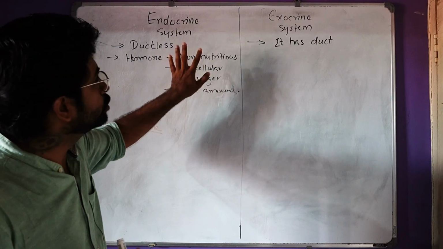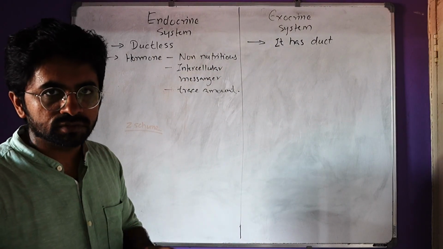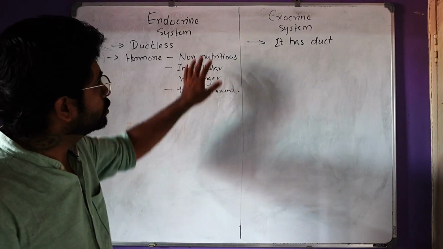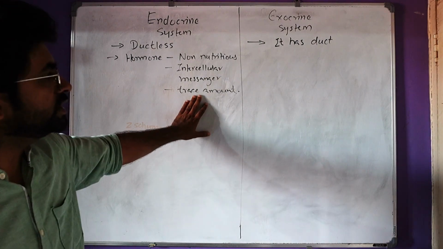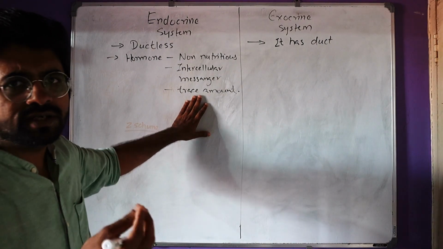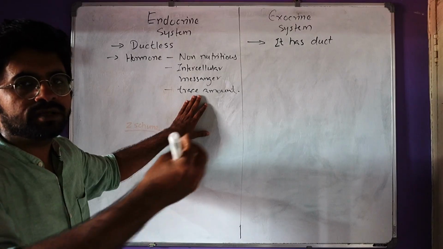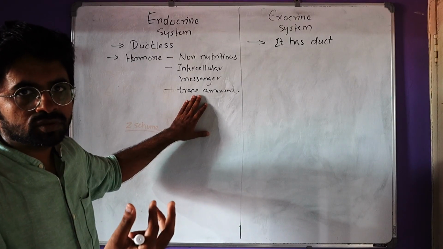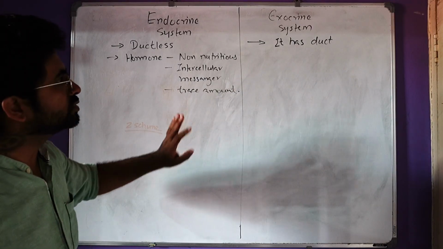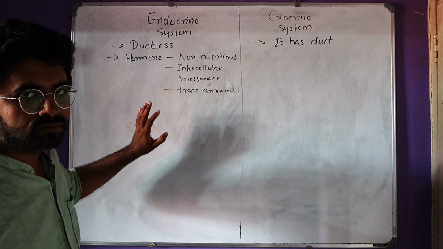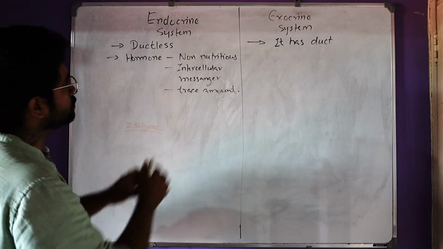So it is not considered as a source of nutrition. They are released in trace amount because very trace amount is necessary to carry that message. Large amount is not even required. So this is hormone. Now we will compare both of them.